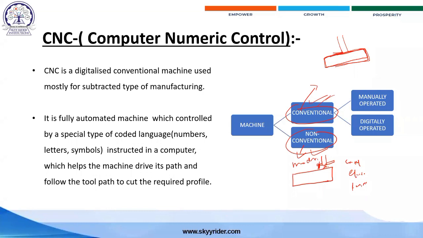In non-conventional machines the tool does not contact the workpiece directly; instead some medium is used, whereas in conventional machines the tool directly contacts the workpiece to remove material. Everyone got it? In the chat box, you can type if you have got it, or if you have any issues.